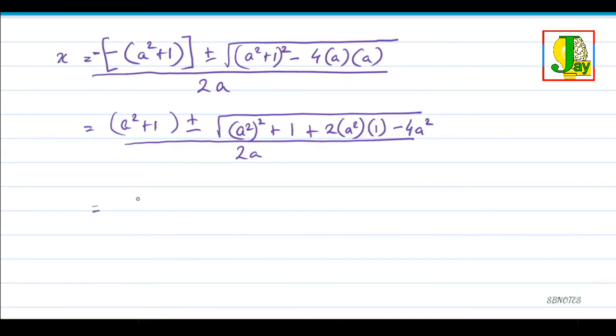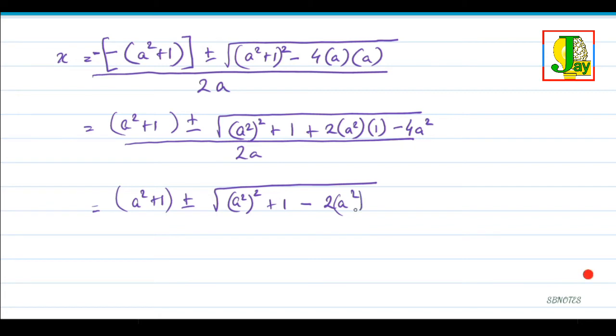That's a square plus 1 plus minus, we say a square square, and this gets minus root over a square square plus 1 minus 2a square. 2a square minus 4a square, that's minus 2a square. So we can write this so that we can see that's a square plus b square minus 2ab.